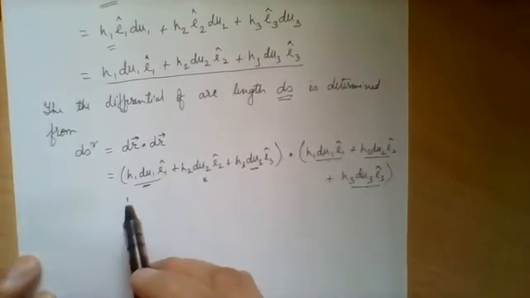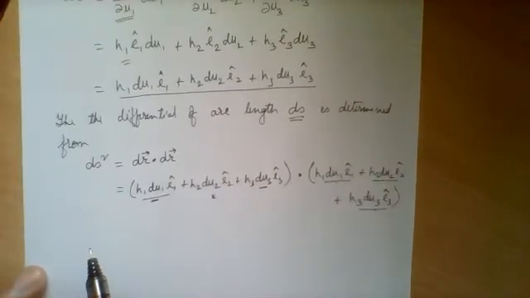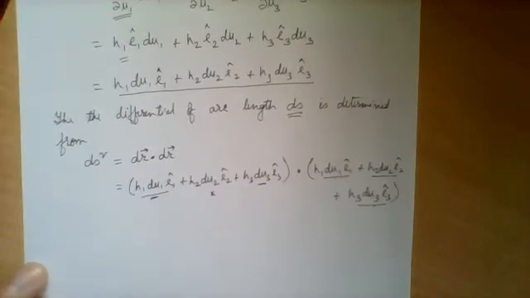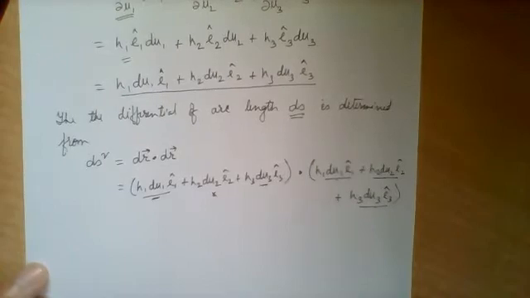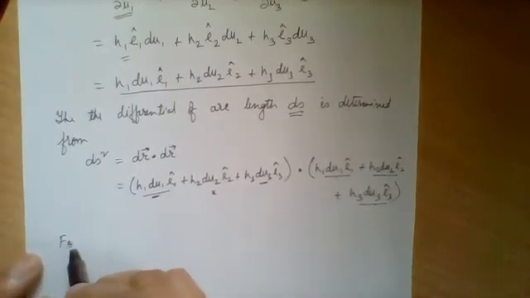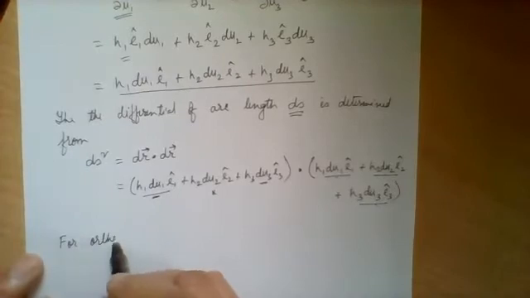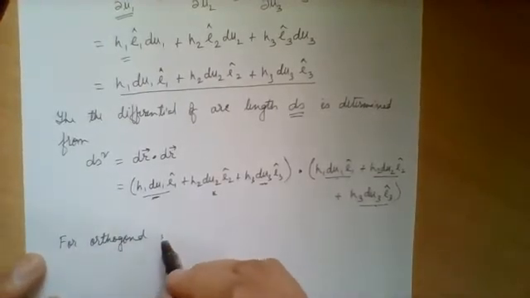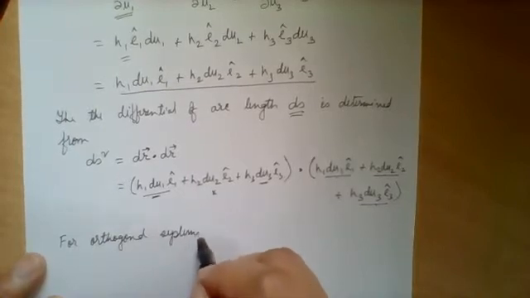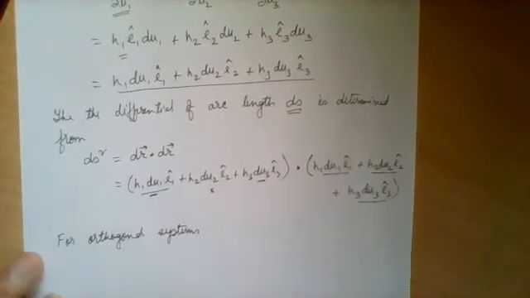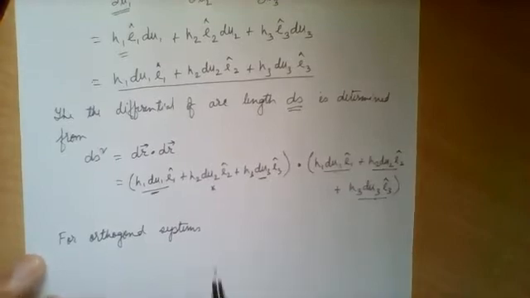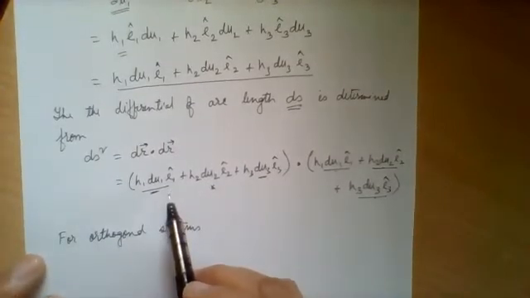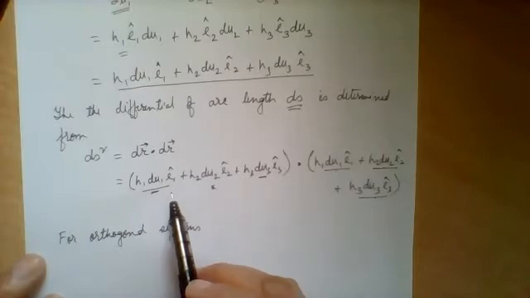But if the curvilinear coordinate system is orthogonal, and we will be discussing only those coordinate systems which are orthogonal, the unit vectors are mutually perpendicular to each other.